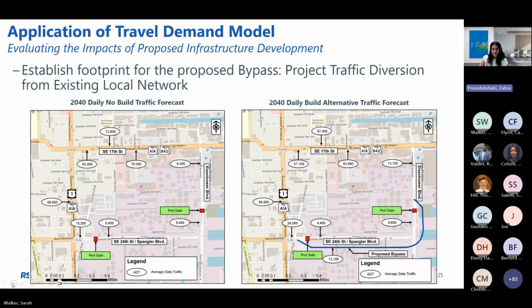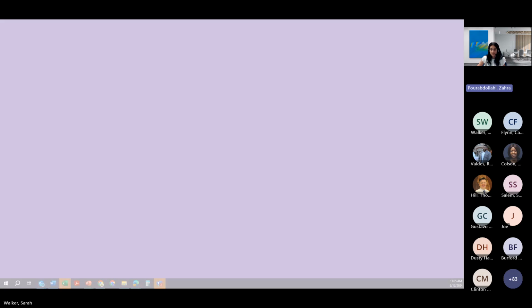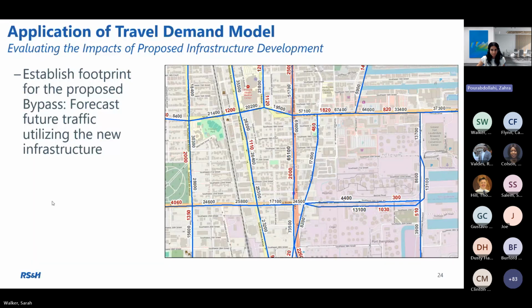As you can see in the plot, this is the before and after adding the facility into the network. Overall, more than 12,000 trips will be diverted from the local networks to the new facility, from which more than 1,000 will be trucks diverted from the local residential and commercial land uses to this industrial type land use.